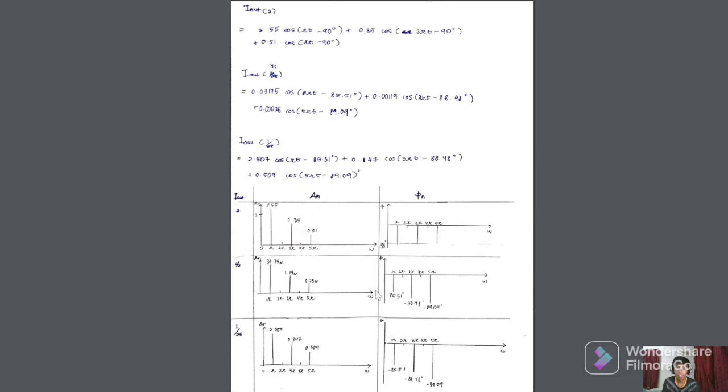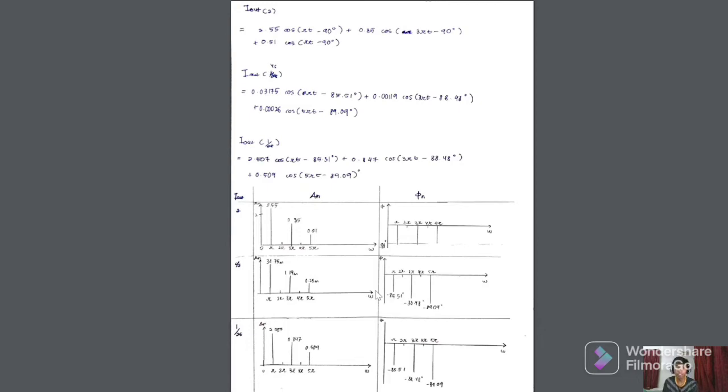So for the phase, when n equal to 1 we got negative 1.151 degree. When n equal to 3, we got negative 88.48 degree, and when n equal to 5, we get negative 89.09 degree.